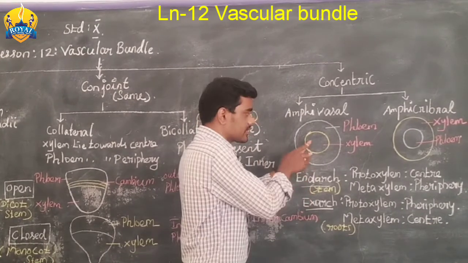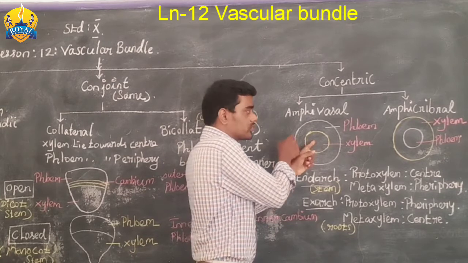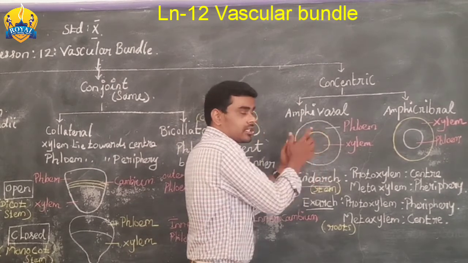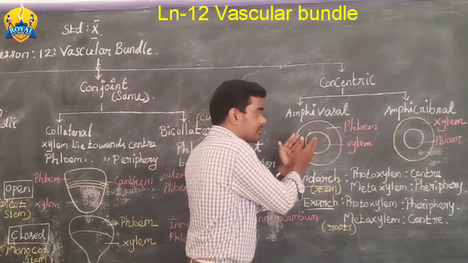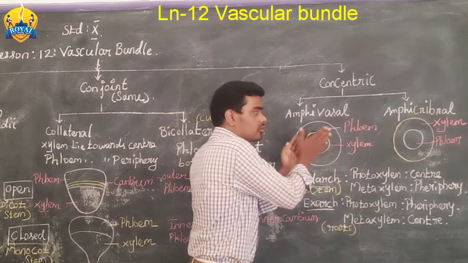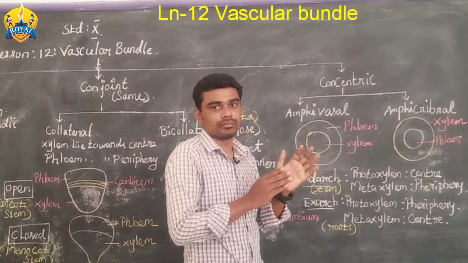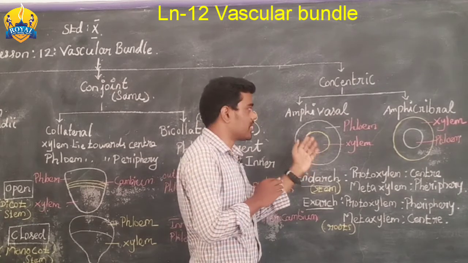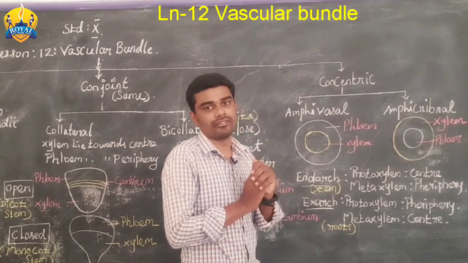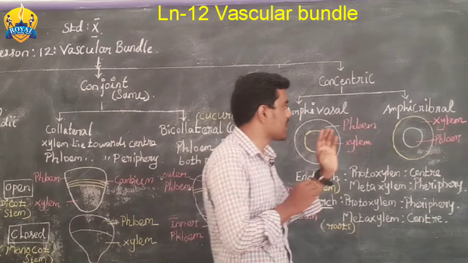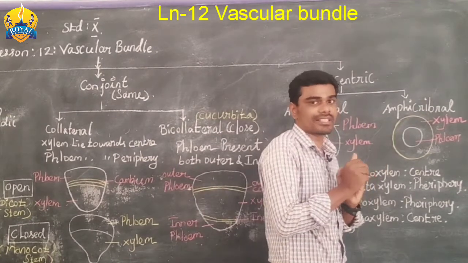The inner circle is the xylem, and the outer external circle is the phloem. The xylem is surrounded by the phloem, and that is called amphivasal. And next is the amphicribral. What is amphicribral?